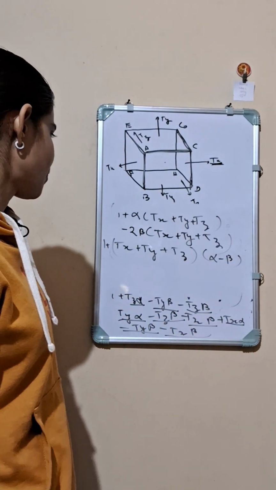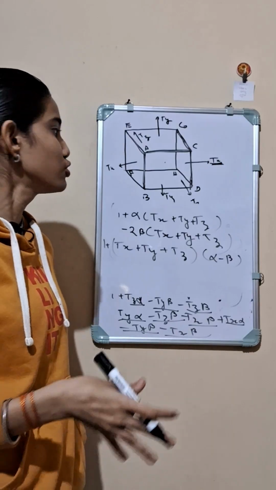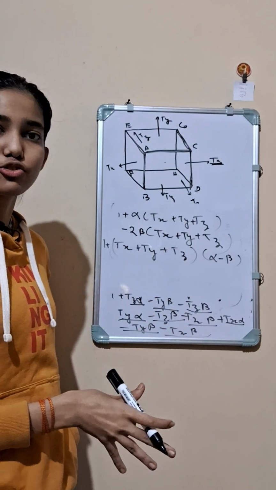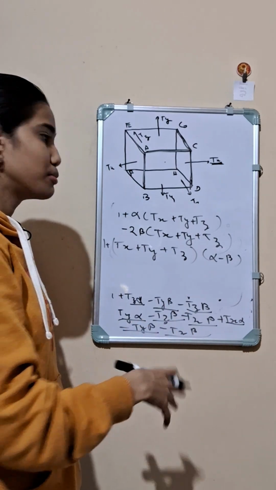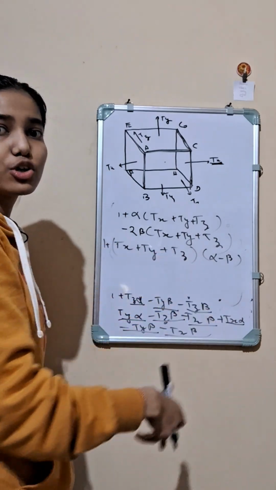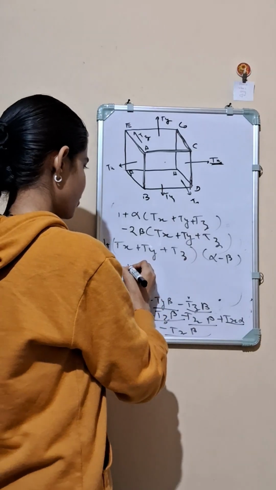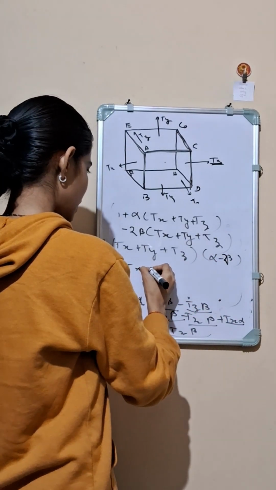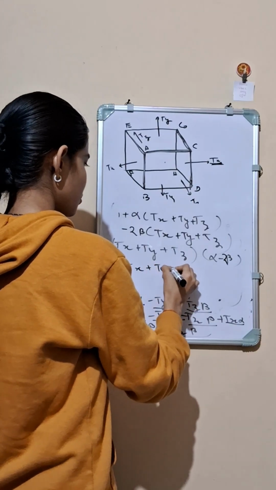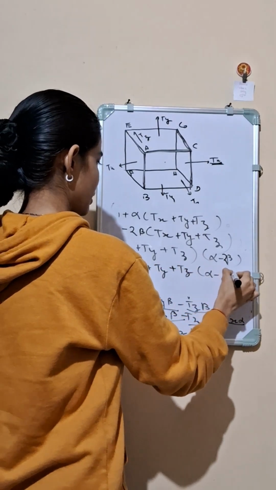So now this is the final volume after application of these Tx, Ty, Tz forces or stress, you can say. The increase will be this thing minus 1, because initially the volume was 1. So the increase is (Tx plus Ty plus Tz) into (alpha minus 2 beta).